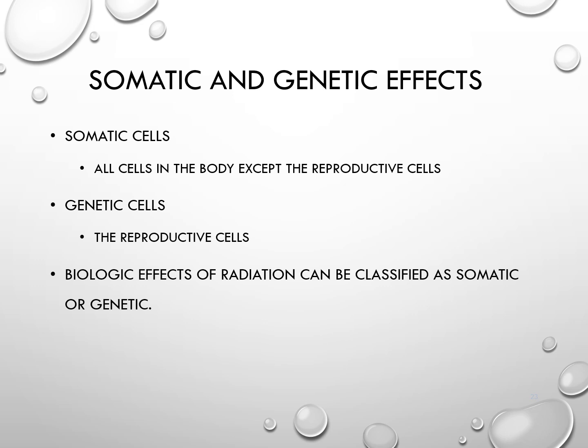But if we were to irradiate genetic cells or the reproductive cells, then we would actually be causing changes to the next generation, the offspring of the person who was irradiated. The biologic effects of radiation can be classified as either somatic or genetic.